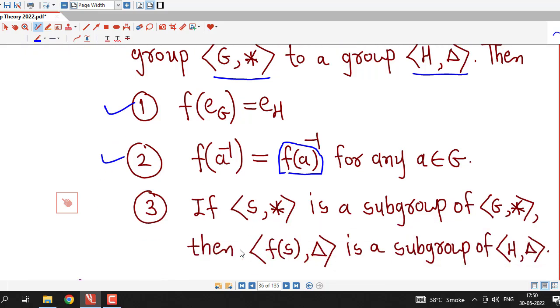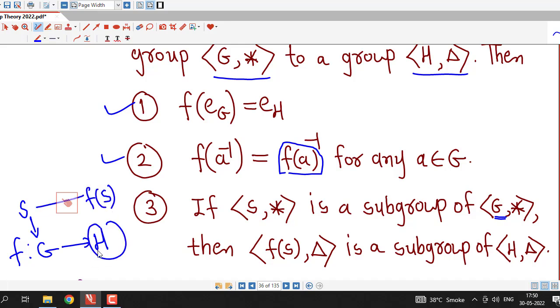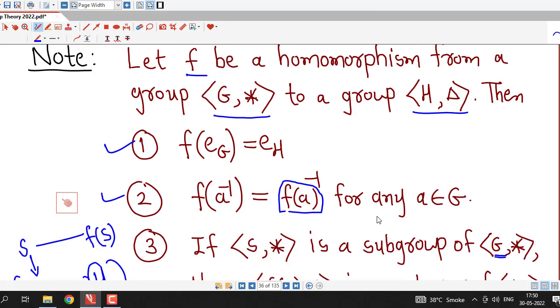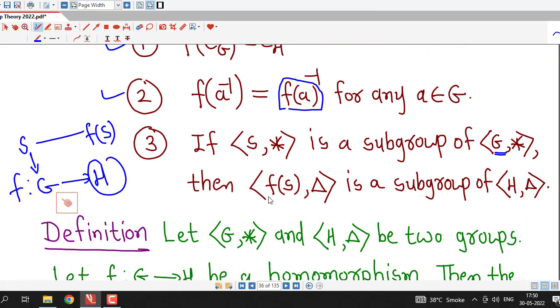And this is the third property, which says that if S is a subgroup of G, here our function F is a function from G to H, which is a homomorphism, then F of S will be a subgroup of group H under the binary operation delta. So we will remember these properties and whenever required we will use them.